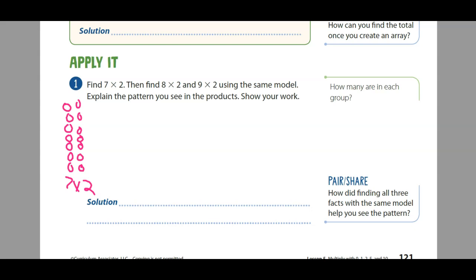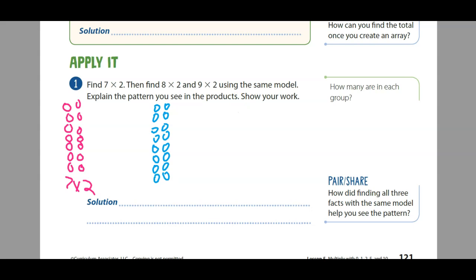And then I need to find 8 times 2. So how many rows? 8. 1, 2, 3, 4, 5, 6, 7, 8. And then I need two columns, right? So just another column. That's my array. And then 9 times 2. How many rows do I need? 9.